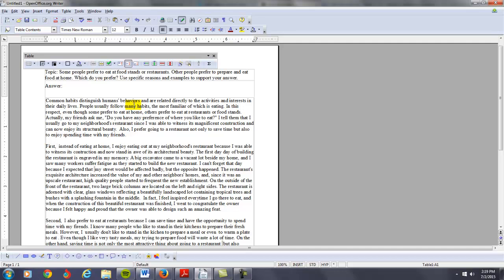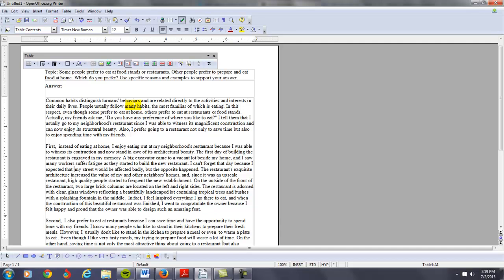First, instead of eating at home, I enjoy eating out at my neighborhood's restaurant because I was able to witness its construction and now stand in awe of its architectural beauty. So the first day of building the restaurant is engraved in my memory. A big excavator, and good word by the way, a big excavator came to a vacant lot beside my home, and I saw many workers suffer fatigue as they started to build the new restaurant.